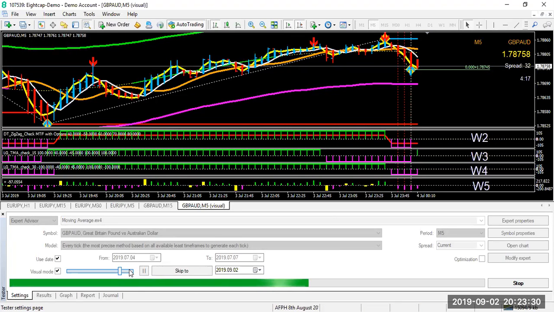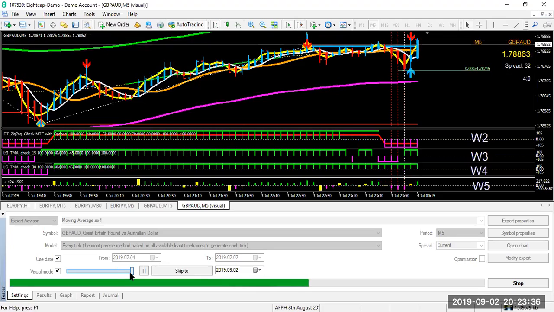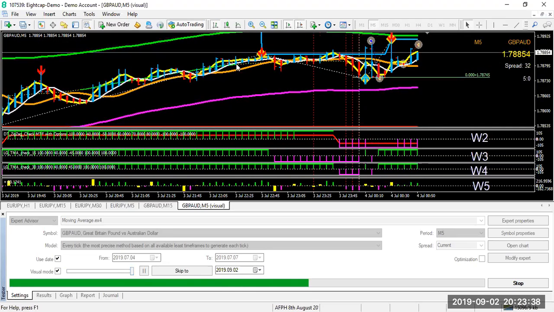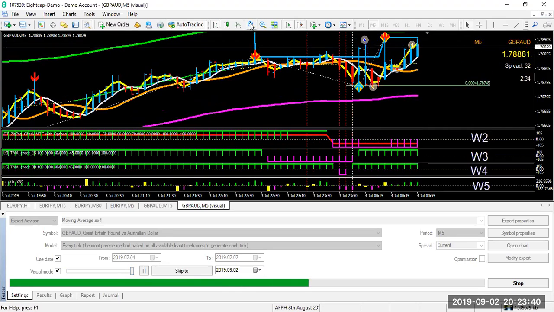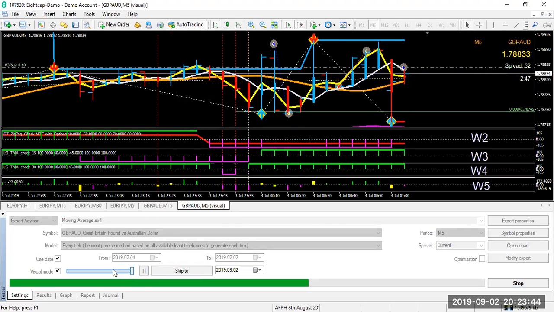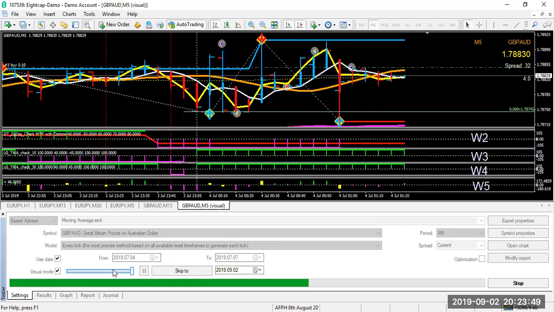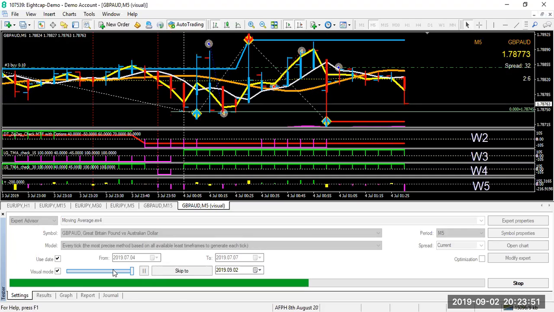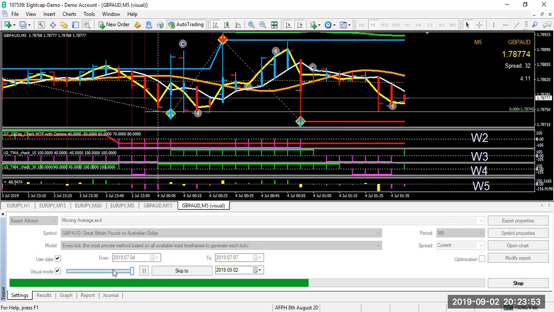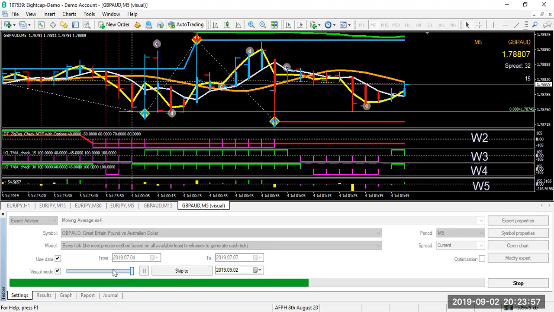What I'm going to demonstrate is that, yes, the vertical line might appear several candles later, but the important thing is the information it gives us. Okay, so we'll just wait for a vertical line.